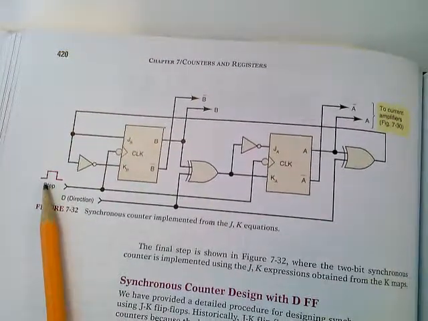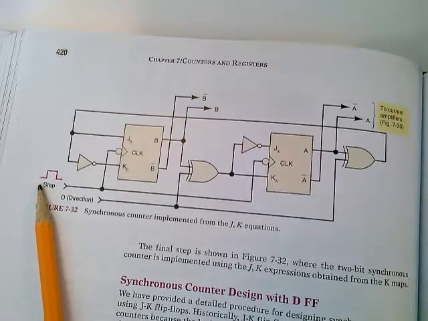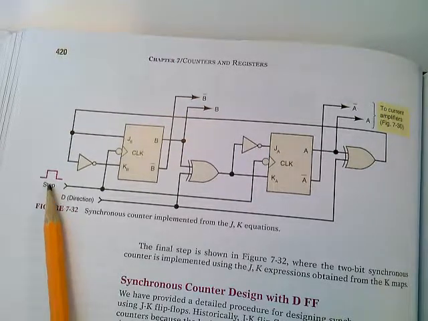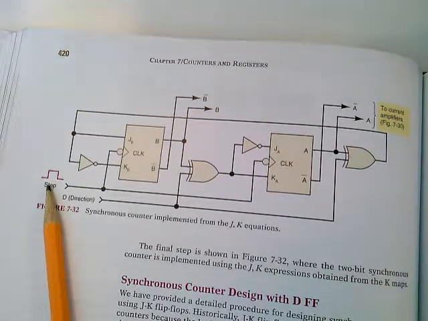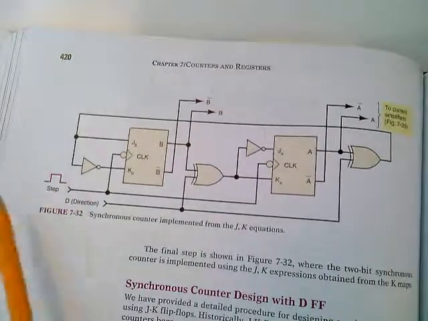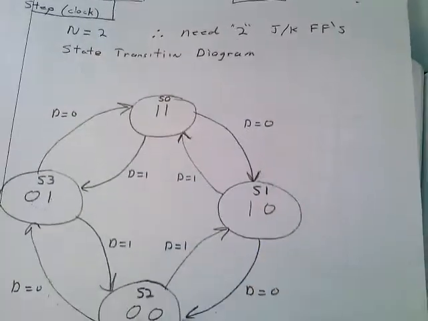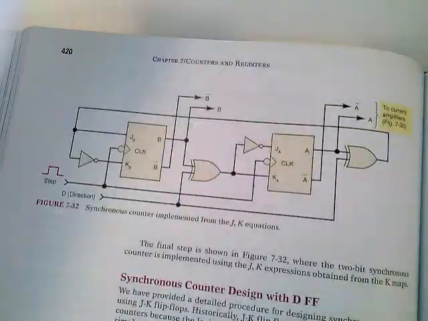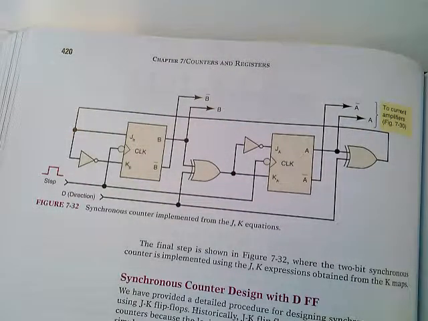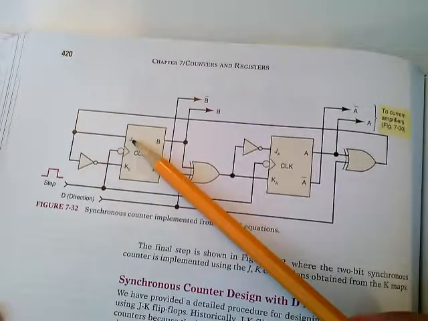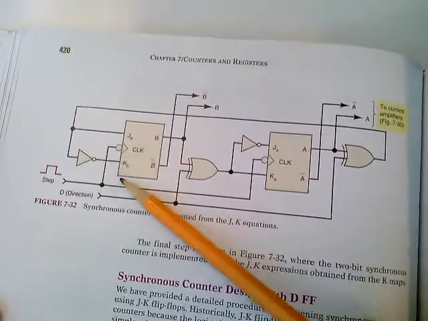Notice I have my clock, a very slow running clock that's going to provide the steps. I mean, this provides the arrows that motion you. Don't forget that these clock edges provide these motions to the different states, which are basically rotating that stepper motor incrementally. But here are my inputs for JB and KB.